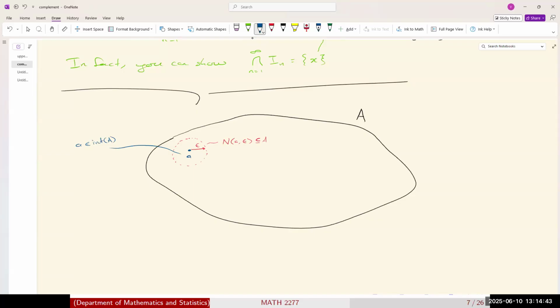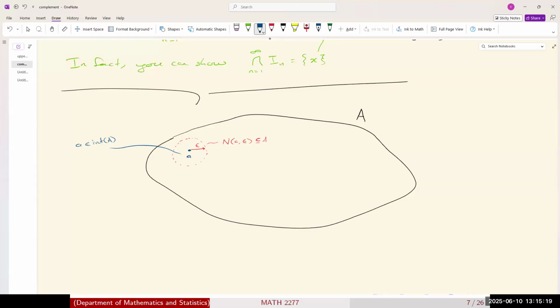A limit point is very different to this, right? The first main difference between an interior point and a limit point is that the interior point must first belong to the set A. An interior point of a set must first be an element of that set, because I'm not going to look for an interior point all the way outside the set.